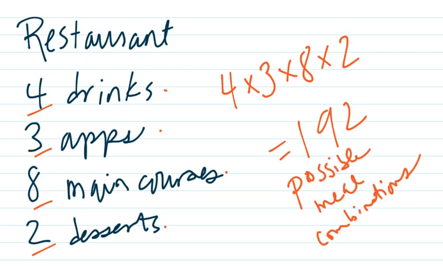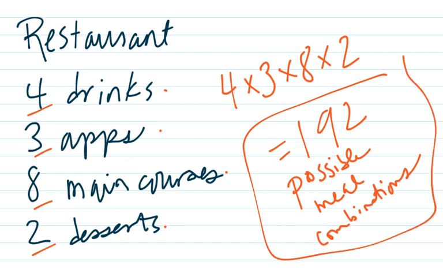Possible. So, hopefully this doesn't seem too complex. Note that when we're dealing with this, I would not be asking you to write out all 192 possibilities. So you have to read the questions very carefully.